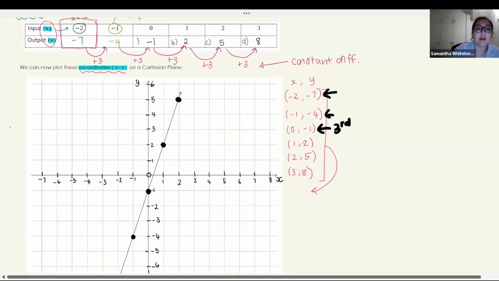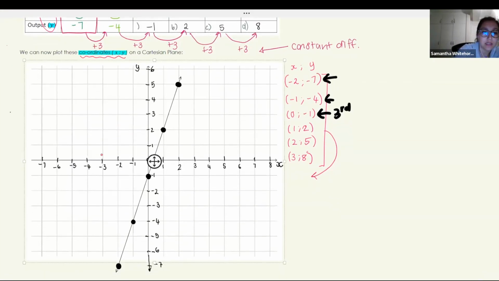And if we go to our graph and try to see this relationship of adding 3, we can. If I go from point to point, so let's just start at this point over here, I'm going up 3 blocks, 1, 2, 3 blocks. From this point to this point, I've gone up another 3 blocks, 1, 2, 3. This point to this point, 1, 2, 3 blocks.